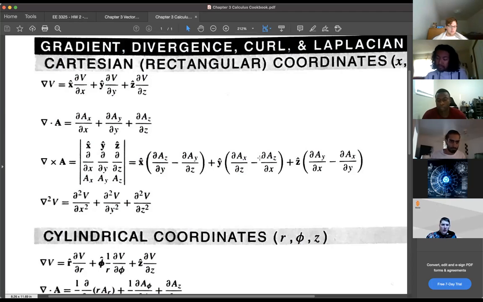So this one must be a vector valued outcome when we take the cross product, which we call the curl, when we take the del cross a vector. And then this one, the divergence, we don't see any unit vectors, nothing with a hat. So that one's going to be scalar.